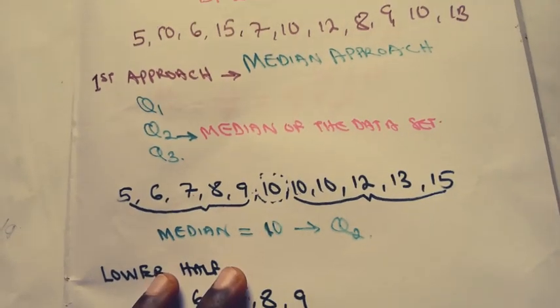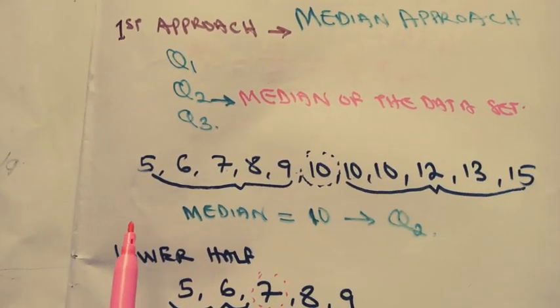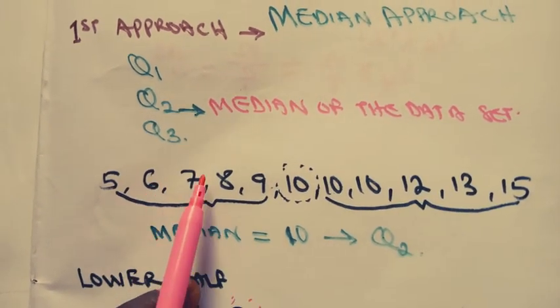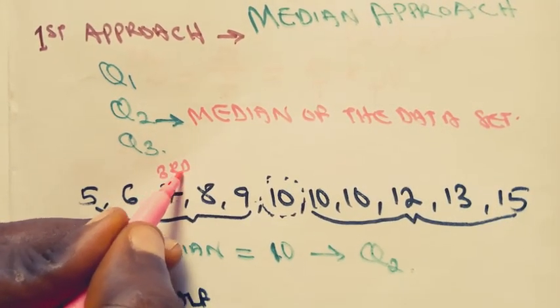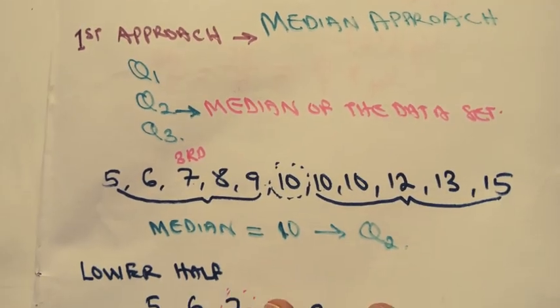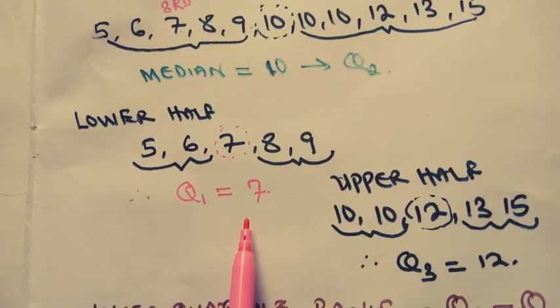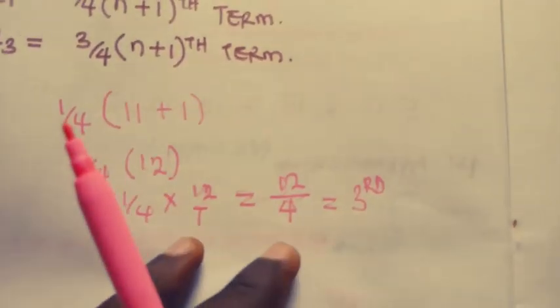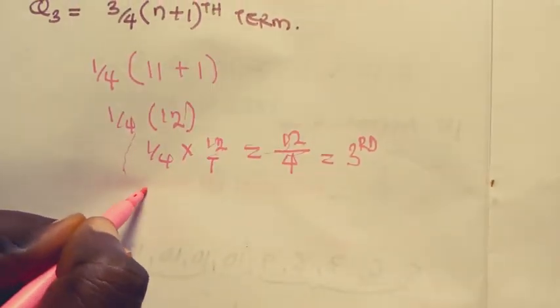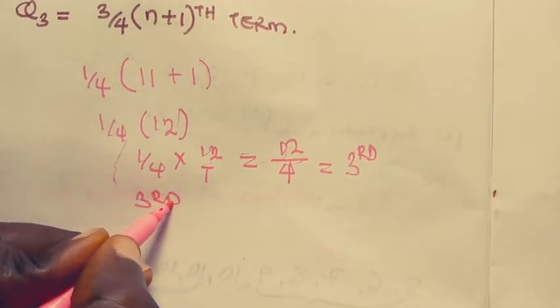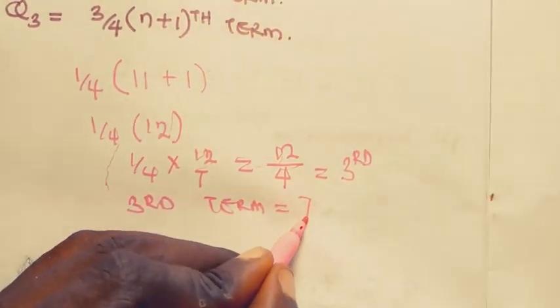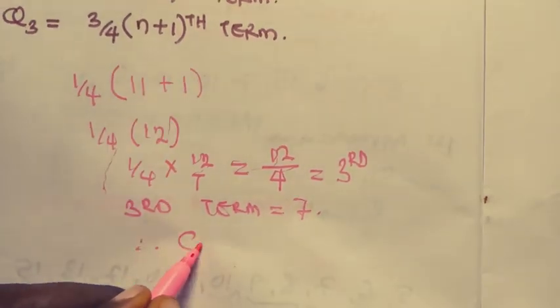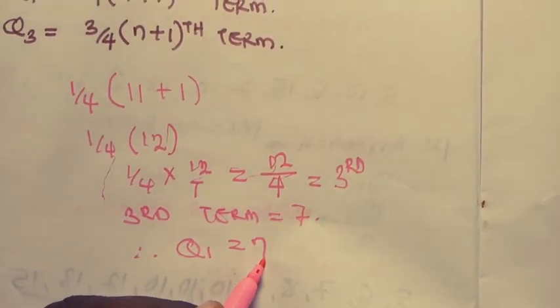If you look at them in the arranged order, you say first, second, third. The third term is equal to 7, and true to it, our Q1 is 7.